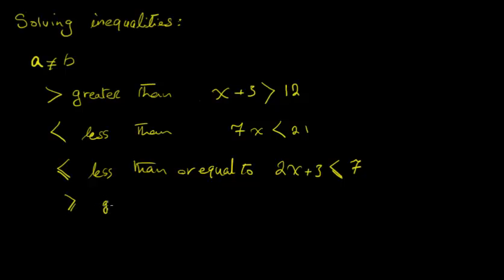Or greater than or equal to. 5 is greater than or equal to x minus 1. So these are the signs we use instead of the equal sign in inequalities.